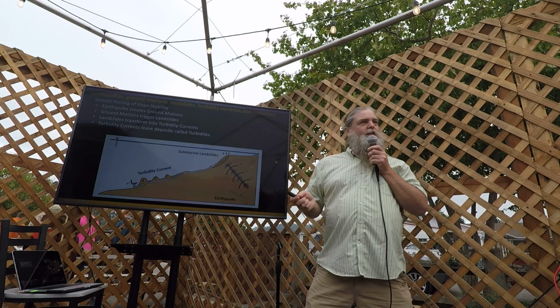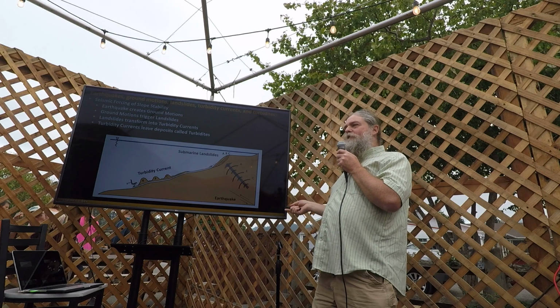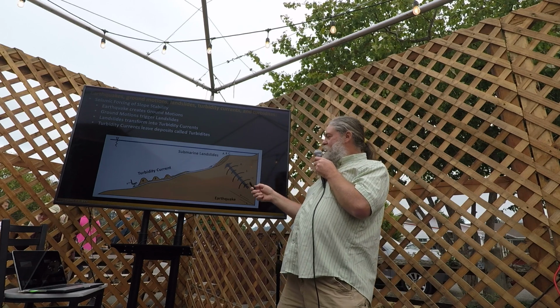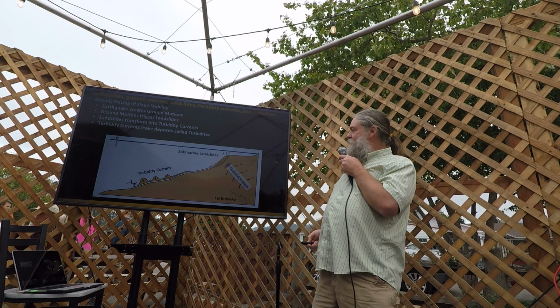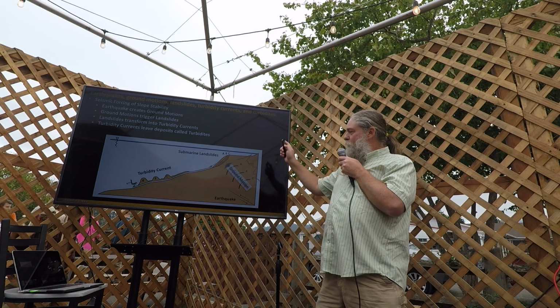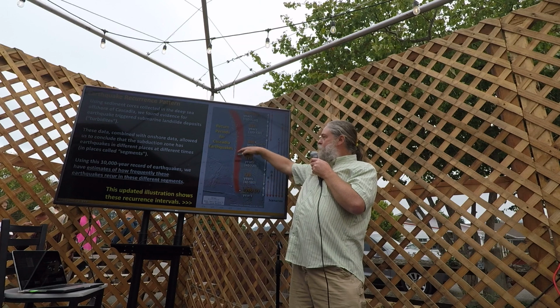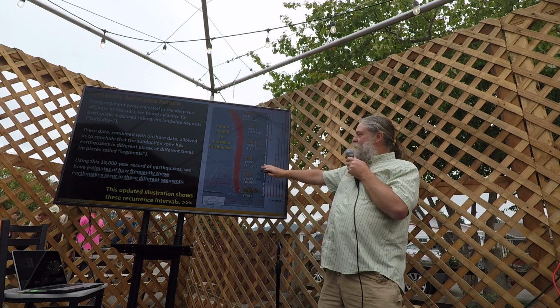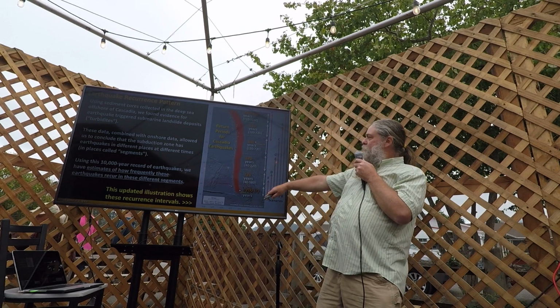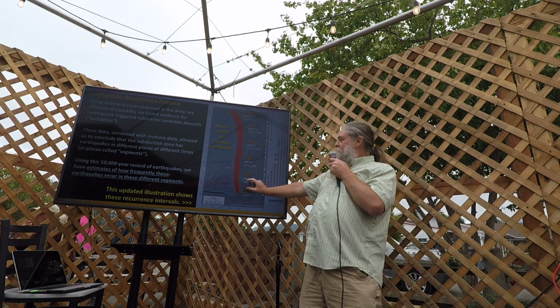And I'm going to go quickly through some of these slides. So we also have evidence for ground shaking generating submarine landslides that go downslope and turn into turbidity currents. And so we also have an earthquake record offshore. And this is a map of the subduction zone showing these different regions.